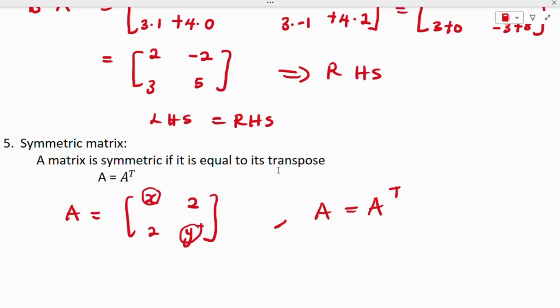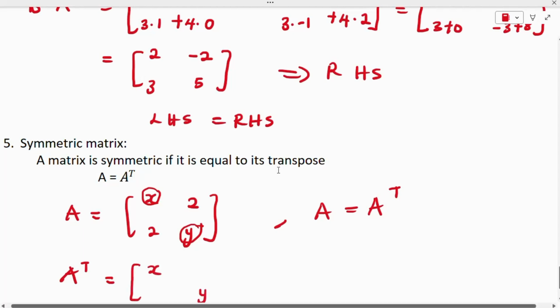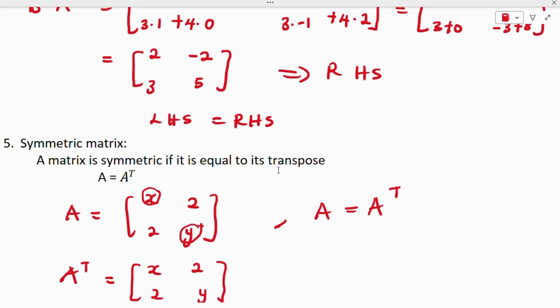So not interchanging this and looking for the transpose, since x and y are not interchangeable, we have x, y. So interchanging the top right and the bottom left, this becomes 2 and 2. So this shows that the matrix A is equal to its transpose. Alright, so we have been able to prove that this matrix is a symmetric matrix.